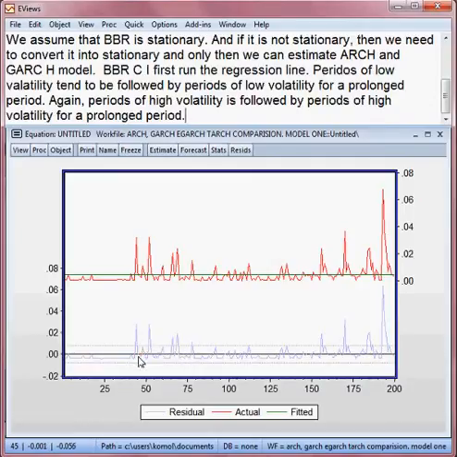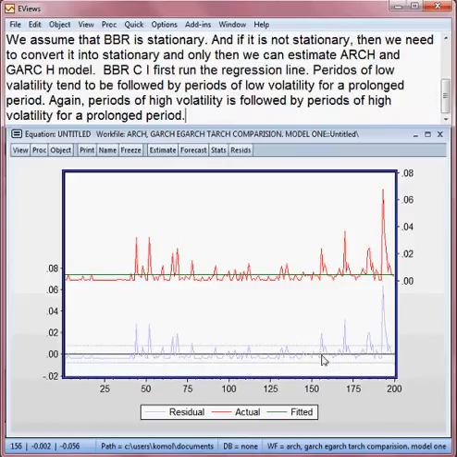So high volatility is followed by another high volatility. And also from here, you can see from 150 days, right?